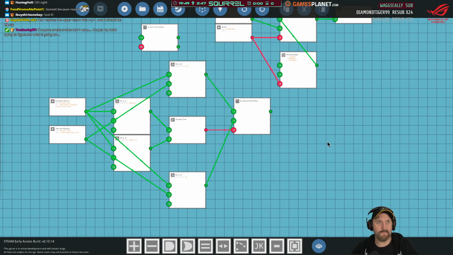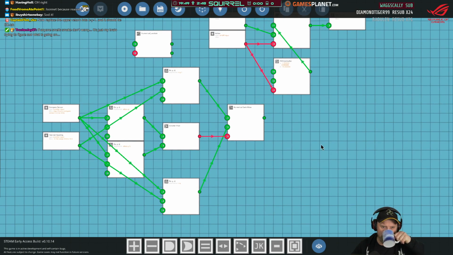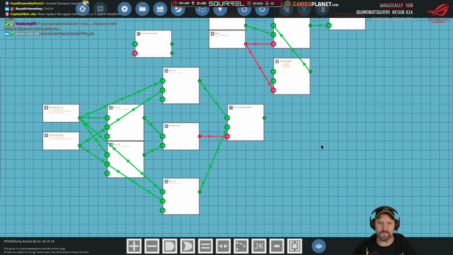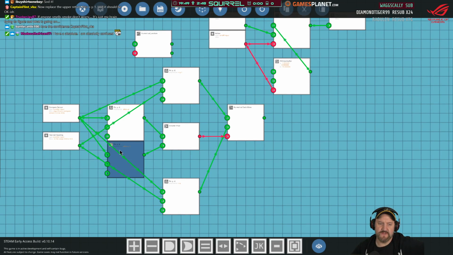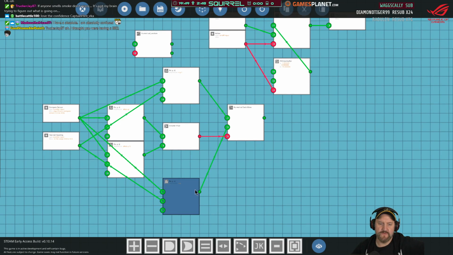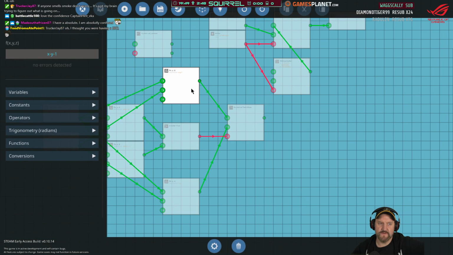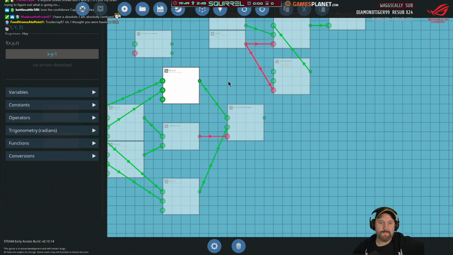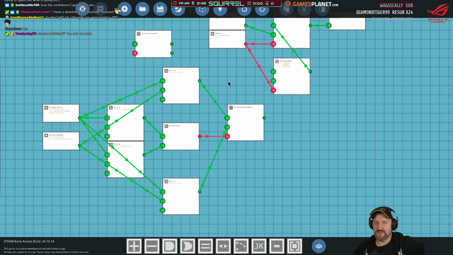Okay, got it? So if the absolute of that one is greater than the absolute of that one, then return this value. No, return this value. If I'm understanding this, you're returning the smallest value.